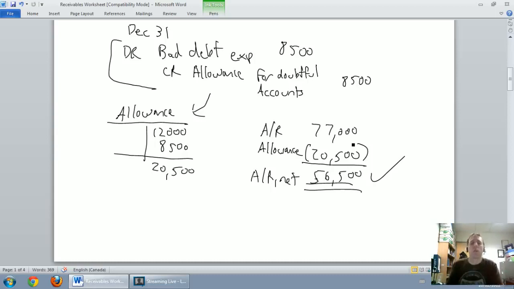So here's what I really think I'm going to collect: $56,500. Again, the bad debt expense and the allowance, consequently, are based on management estimates. They're not perfect numbers. They're never going to be perfect numbers, but that's our best answer, and that's our best estimate.